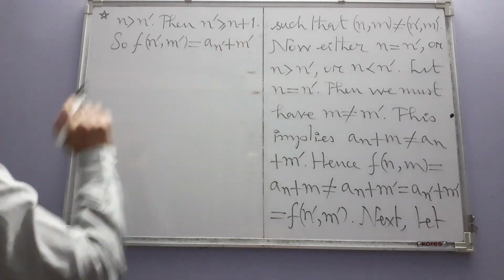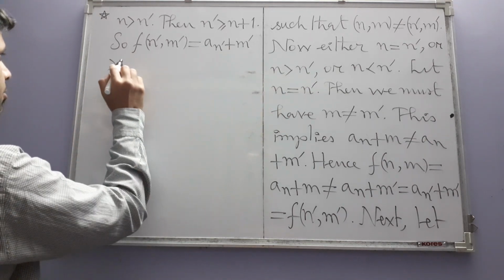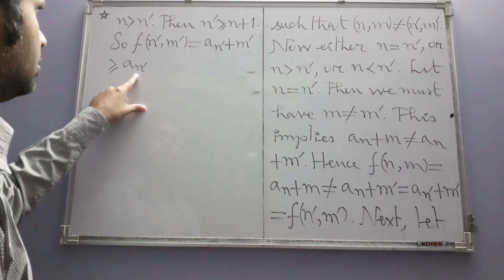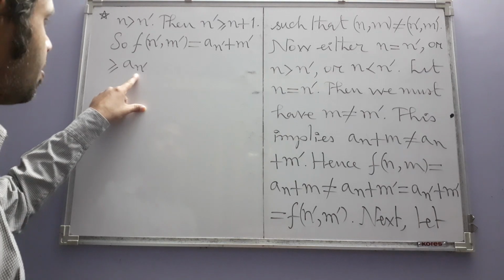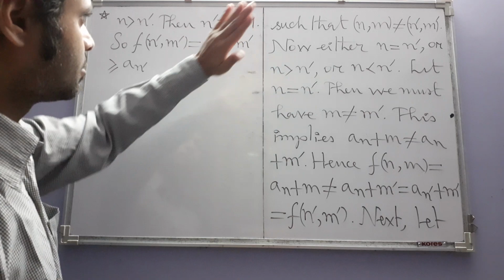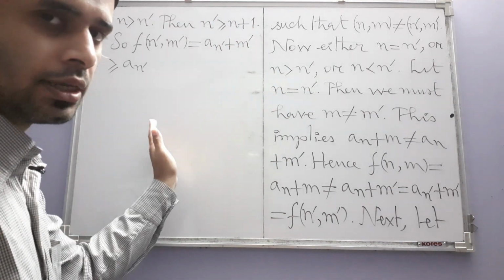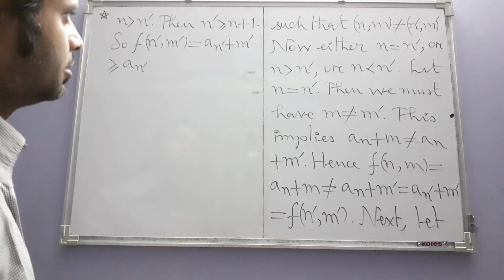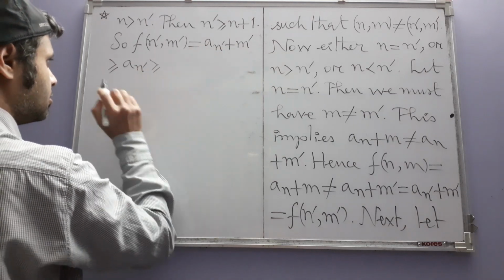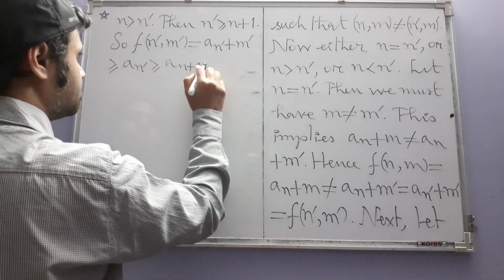But because m prime is after all a natural number, it is greater than or equal to 0, and as such this is greater than or equal to an prime. But n prime itself is greater than or equal to n plus 1. So in the previous paragraph we proved that our sequence an is strictly increasing. So that increasing nature and this inequality now tells us that this is greater than or equal to an plus 1.